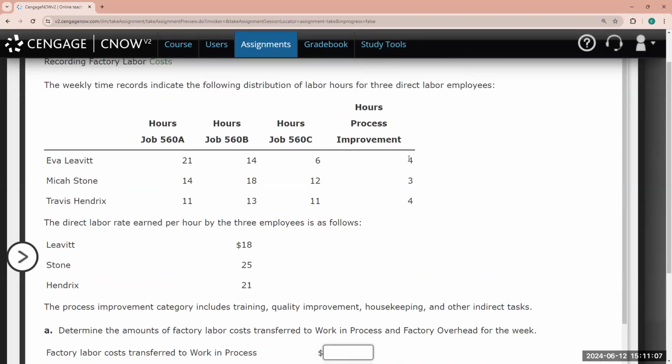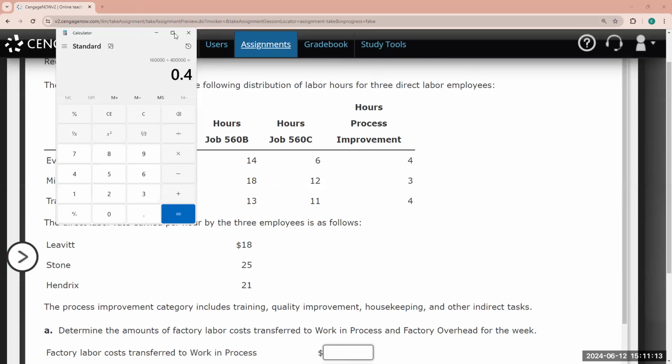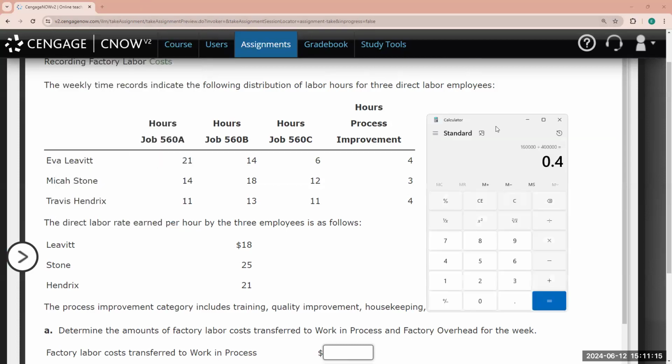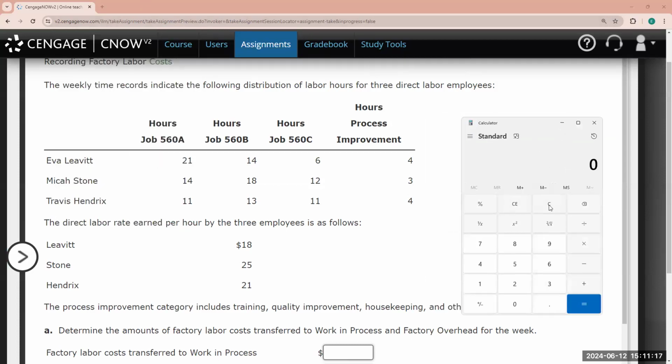And for our hours process improvement, this pertains to our indirect labor. So in this example, we're doing some simple math as follows. Here we see Eva worked 21 hours for job 560A, 14 for 560B, and 6 hours for 560C. So that gives us a total of 41 direct labor hours.